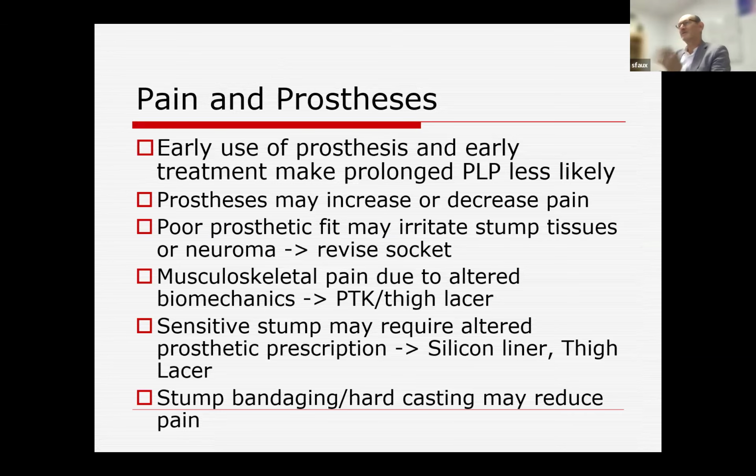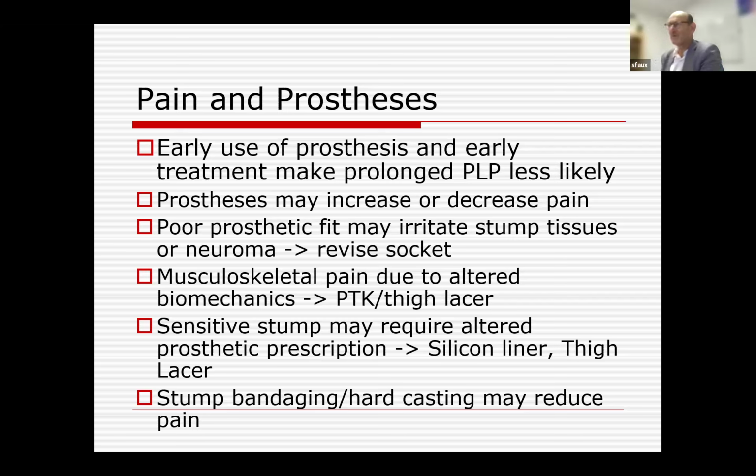So early use of the prosthesis and early treatment makes prolonged phantom limb pain less likely. Prostheses may increase or decrease pain depending on whether they're fitted well. And musculoskeletal pain due to altered biomechanics is important to remember.